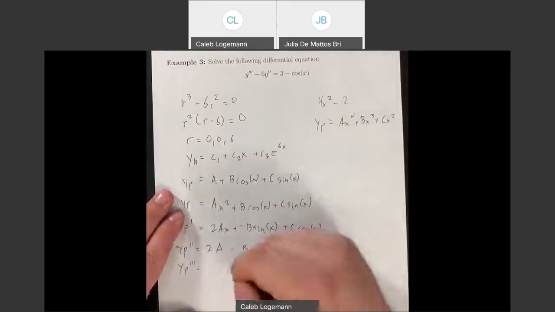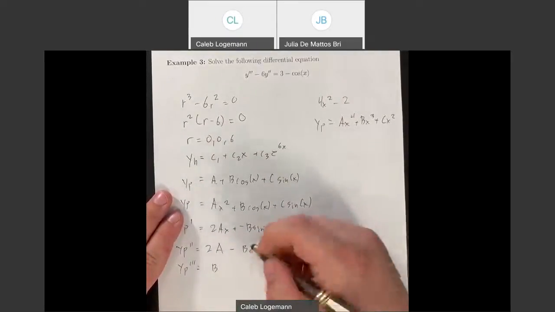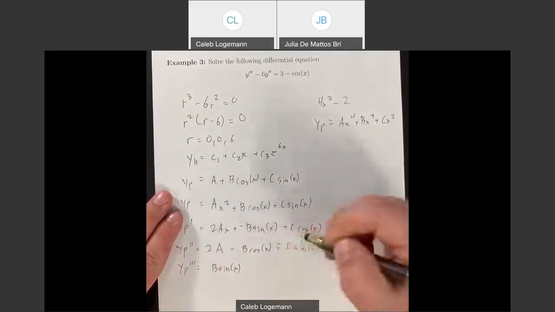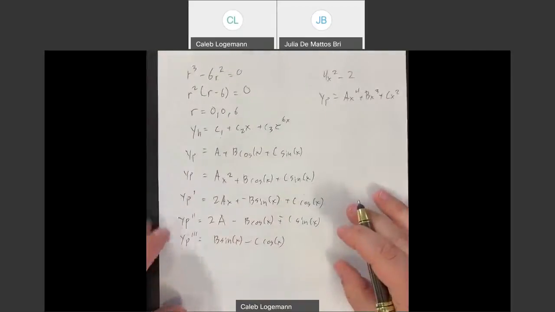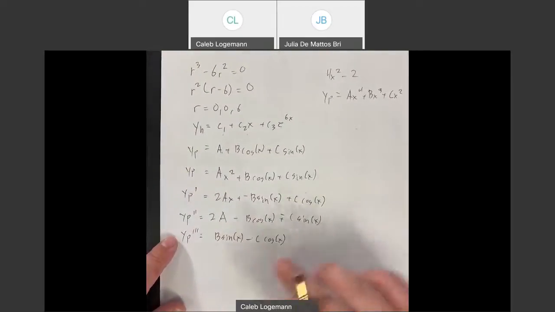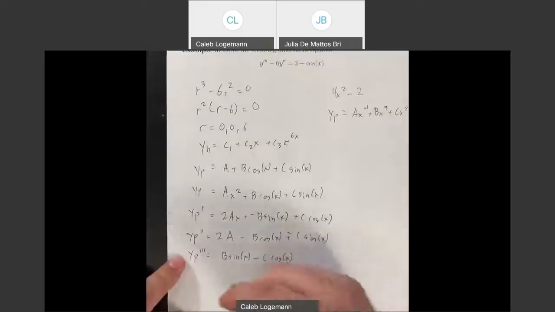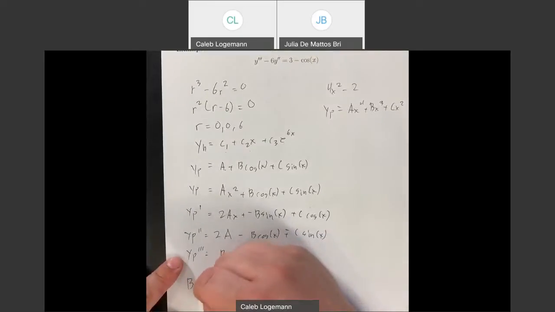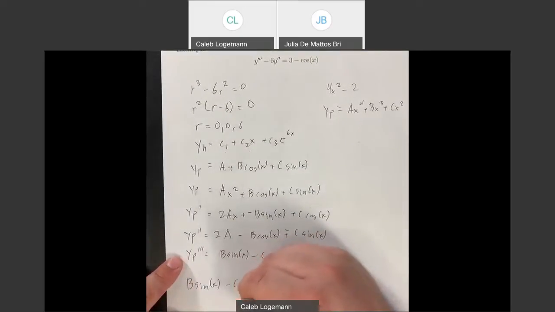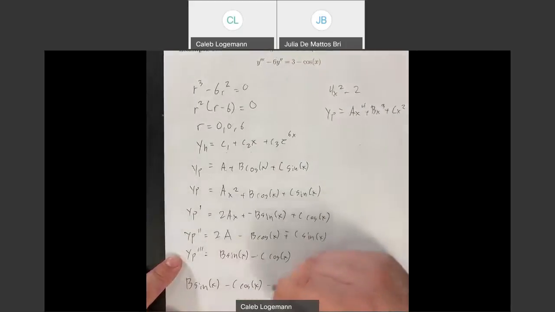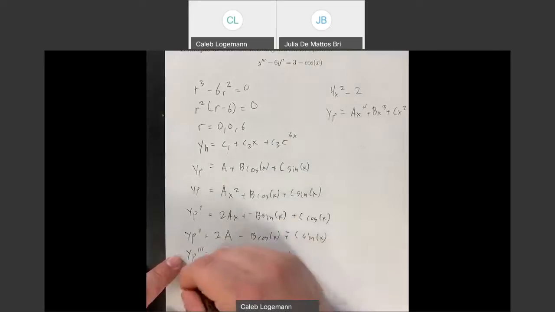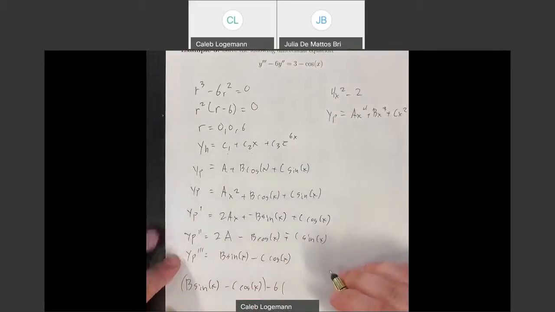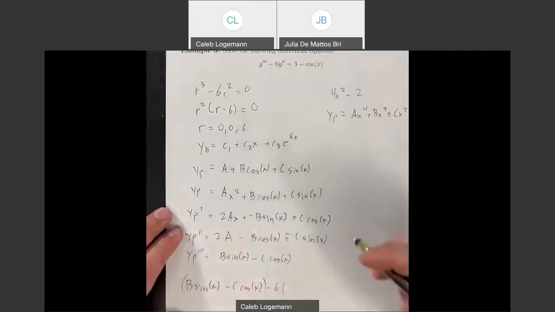So you do that, the constant goes away. We're going to get plus b sine of x minus c cosine of x. So we plug that into our equation. We have the third derivative, so b sine of x minus c cosine of x, minus 6 times the second derivative, which is this term right here.